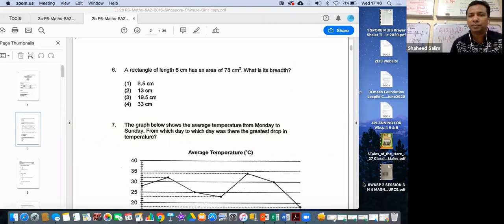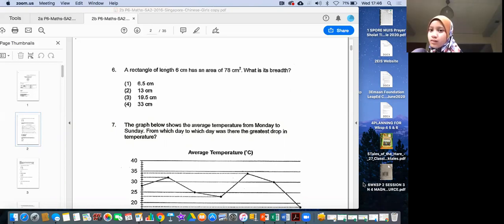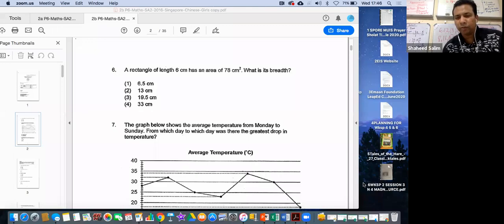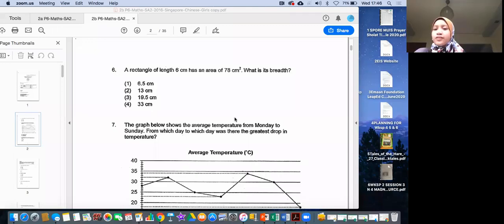Very simple, very simple. Zaira, can do? This 78 divided by 4. Why divide by 4?